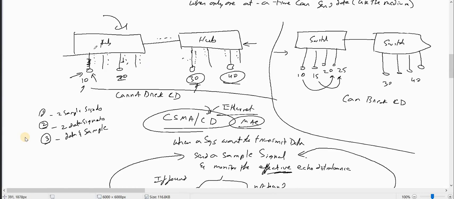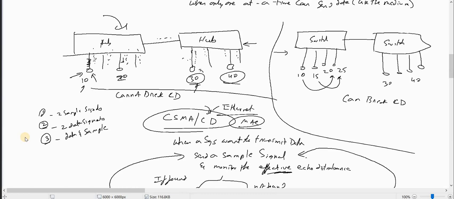It will be going to every part of the medium. And even if the data is right here in this cable, it is going to collide with the sample signal. So the sample signal will face the disturbance. The data signal will just move on.